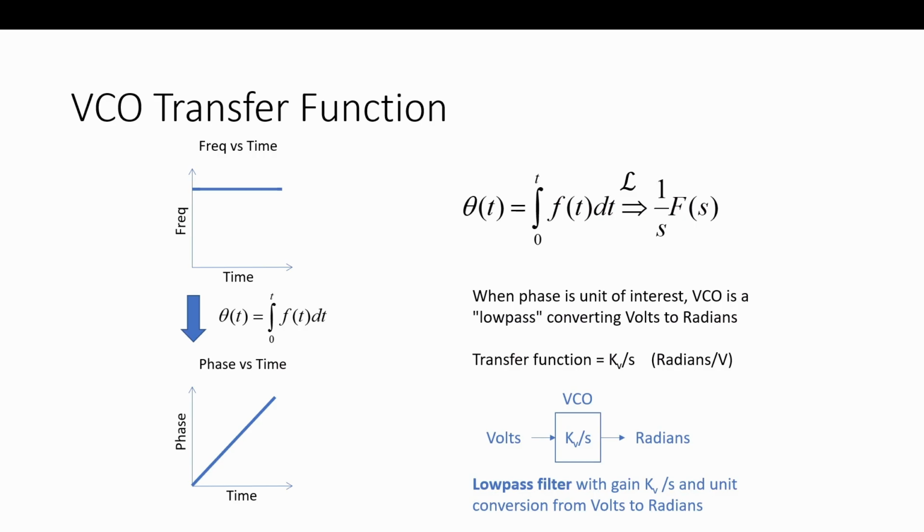So in that case, we would have volts coming in, and we would have this kV, that's the slope, but we divide by s because it's integrating the frequency. So you already figured out what kV was, frequency versus time. Want to integrate it in Laplace, just divide it by s. So that's why you see this kV over s.